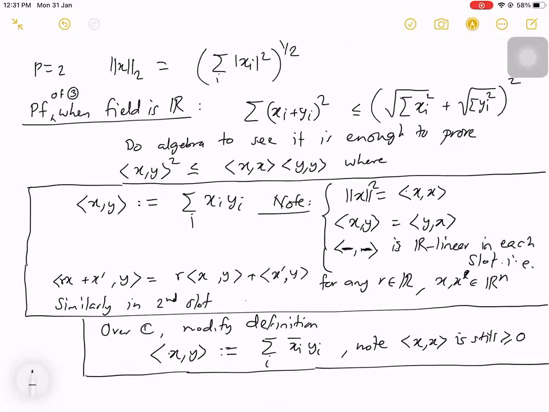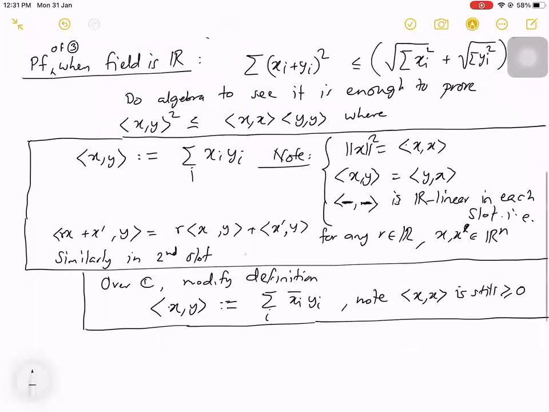The point, though, is that you still have to prove this inequality, but that inequality is again just a matter of algebraic manipulations. Or you can do something more slick by considering x comma lambda y. Proof: expand everything.